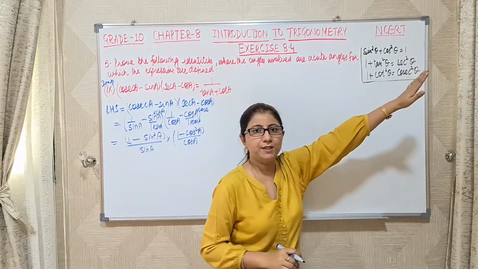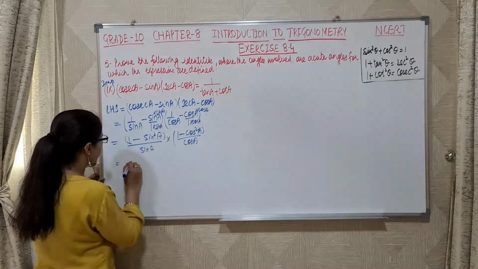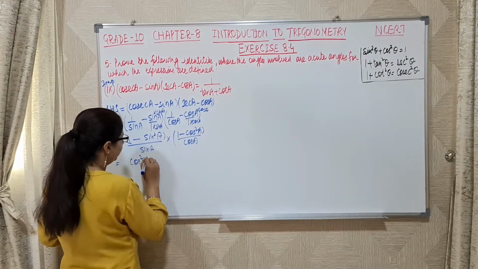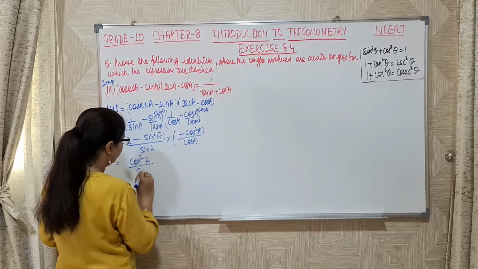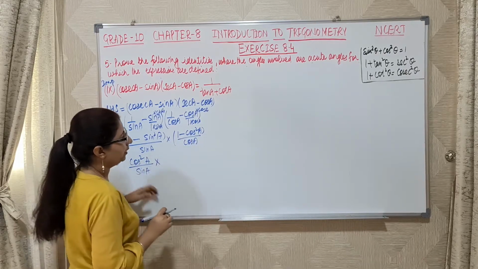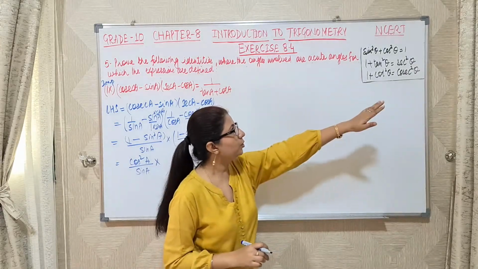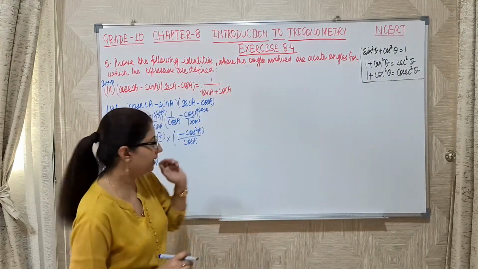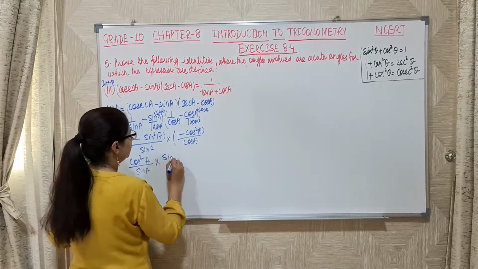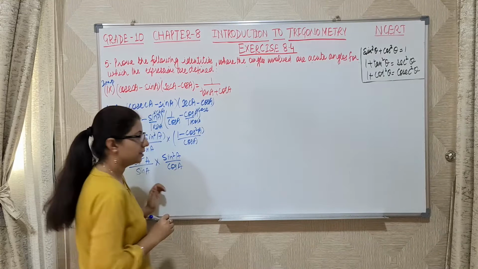We will shift this to other side, so it will be cos square theta. So here in our case, this is cos square A divided by sine A multiplied by 1 minus cos square A. Similarly, if I shift cos square to other side, 1 minus cos square A is equal to sine square A. So here it is sine square A divided by cos A.